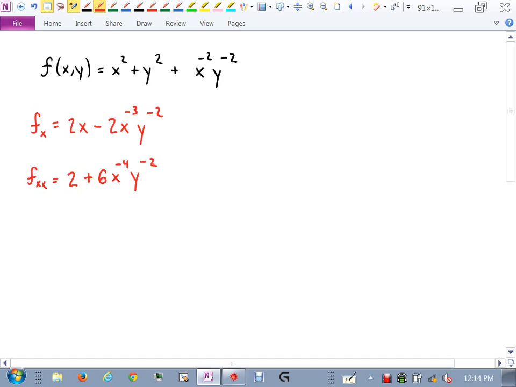Y'all okay with that? I keep asking if you're okay with it because last class I know we had some issues with partials. Are we all right now? Yeah. Okay, good. Fy, very close to the fx, right? 2y minus 2, x to the negative 2, y to the negative 3. Fyy is 2 plus 6x to the negative 2, y to the negative 4.